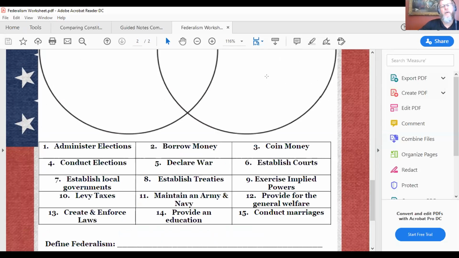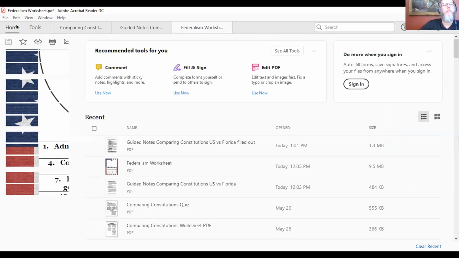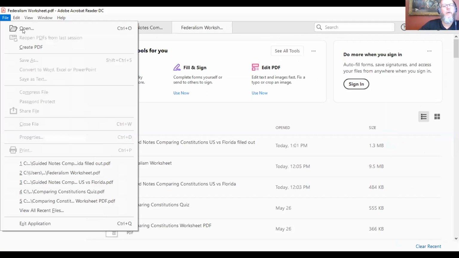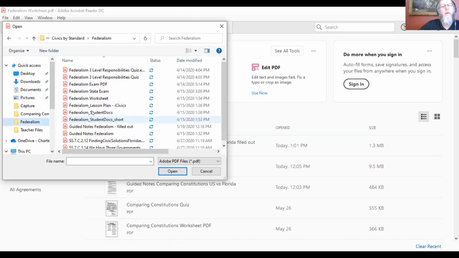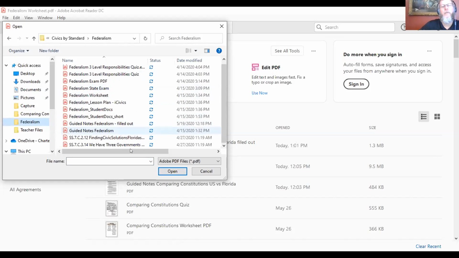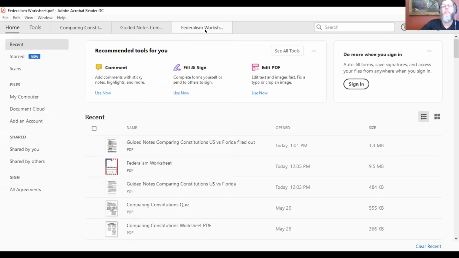Ministerial election, that would be, oh wait, let's see. Actually, I think I have this one already filled out. Let me see if I can open that. No, oh well. All right, let's just go back and finish this real quick.